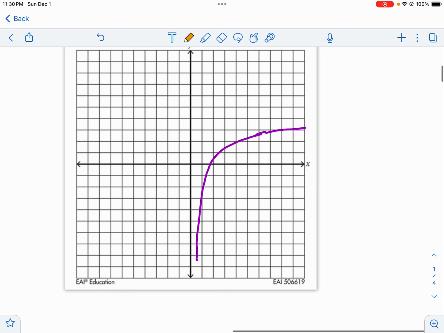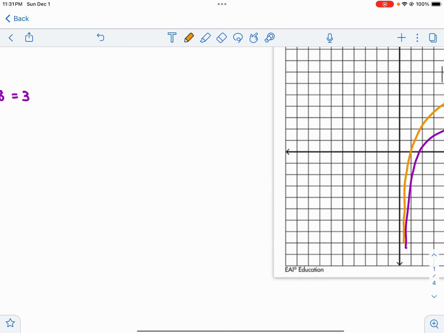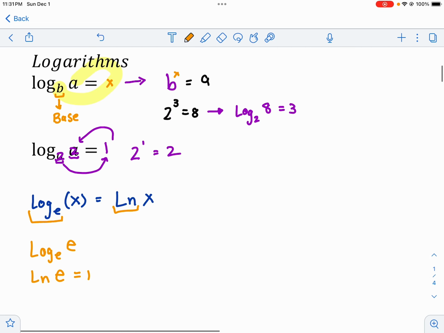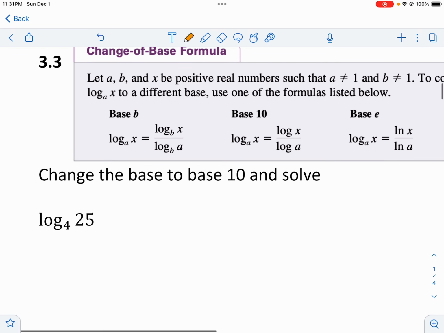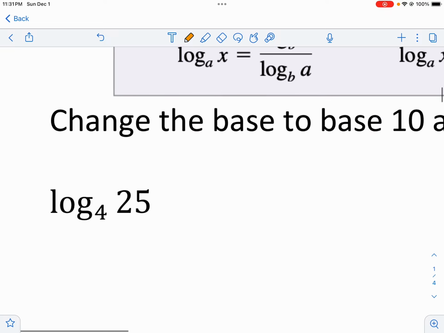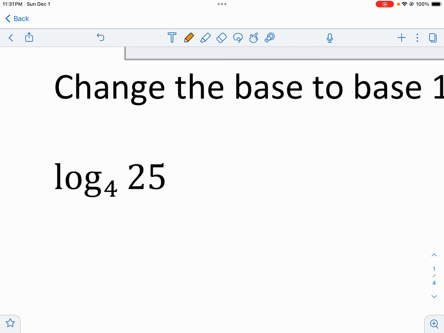It's a little bit higher, just like that. If we don't write any base, then it's a base 10. Here's what I'm talking about. So if you look at this problem, this is a base 4. If I just write a log 25, that's a base 10. Okay? You don't have to write that 10. The 10 is kind of given.